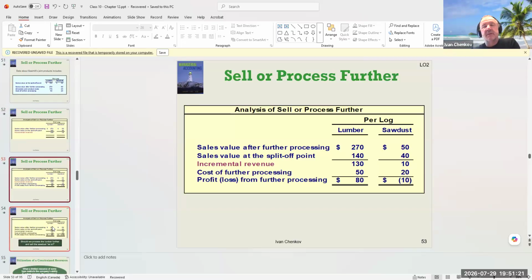We're going to see what's the further cost or additional cost to make the change from what it is to what we want it to be. For the lumber, $50, for the sawdust, $20. Lumber generates positive profit. Yes, we're going to go for it. Sawdust generates a $10 decrease, so we're not going to do that.